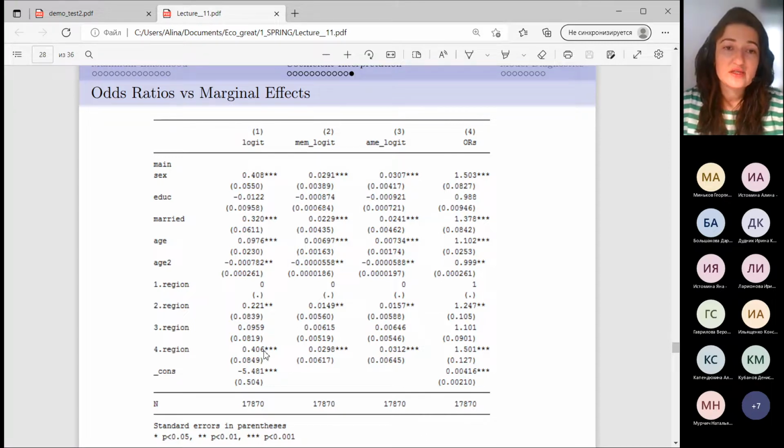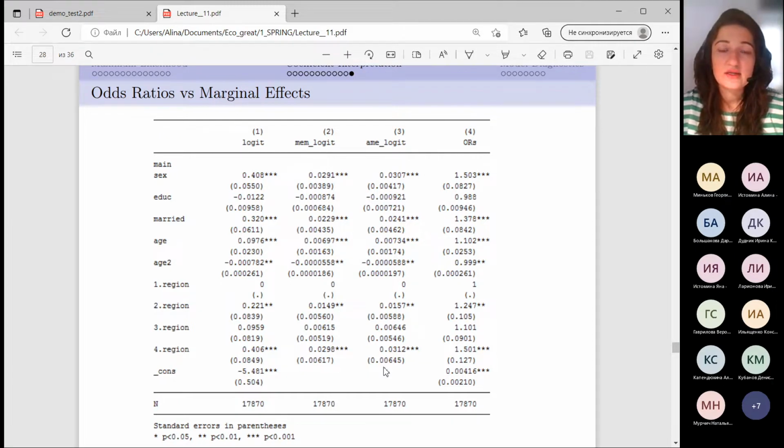Because of this, you remember that if you just need to say something about the statistical significance and the negative or positive effect of some factor on the probability, you can do this directly after the logit model. But you can't interpret these coefficients after the logit model. Instead of this, we need to take a look at the second, third, or fourth column in this table.